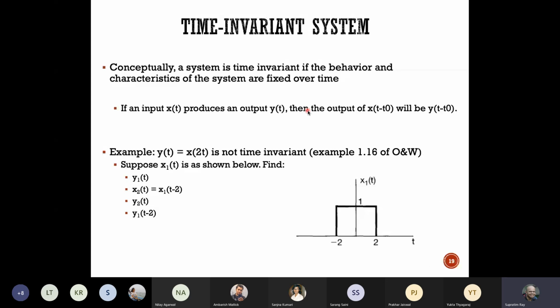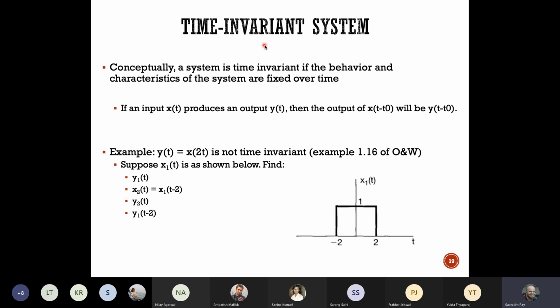And the systems have these properties. So one property, which is called time invariance, which is very useful, and another property which is called linearity. So systems that are linear and time invariant are called linear time invariant systems, or LTI systems. And these classes of systems are of a lot of value, because these classes of systems can be described and analyzed very well.